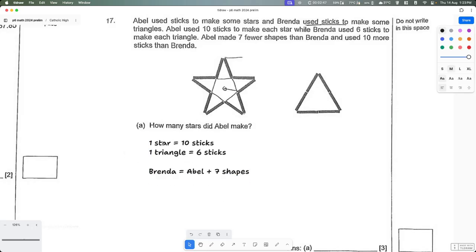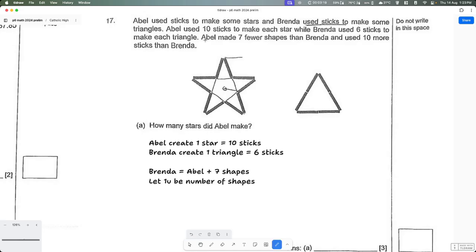We also know that Abel creates one star, and Brenda creates one triangle using 6 sticks. So in this case we can let one unit be the number of shapes, because we know for a fact that Abel made 7 fewer shapes than Brenda.